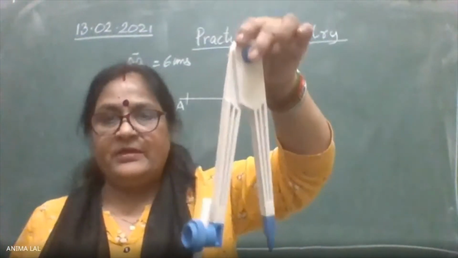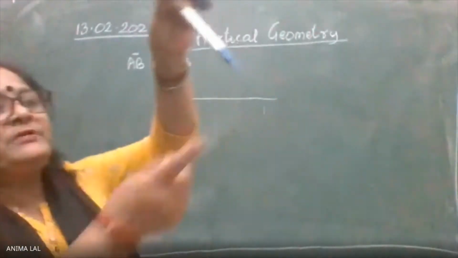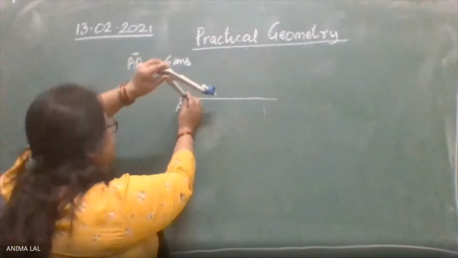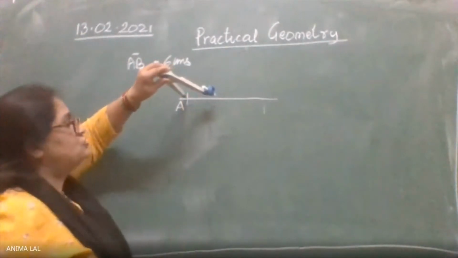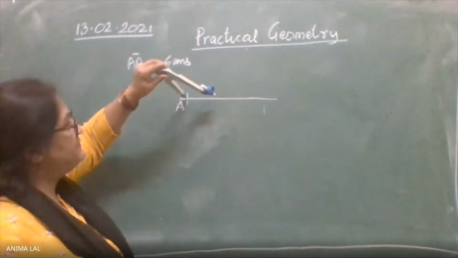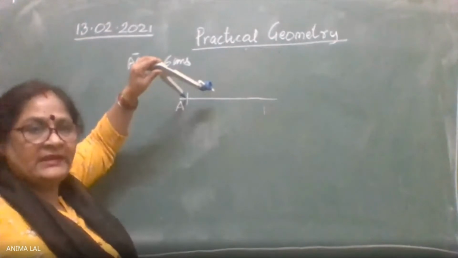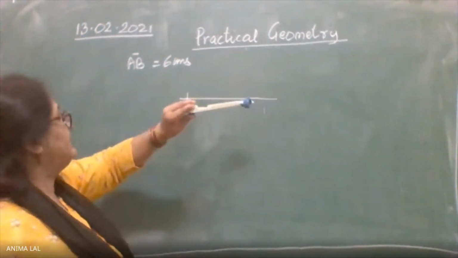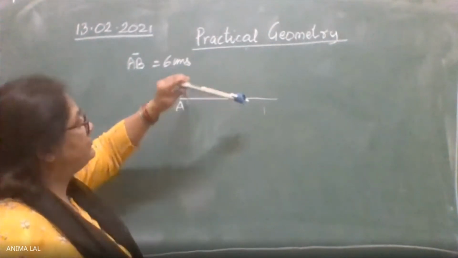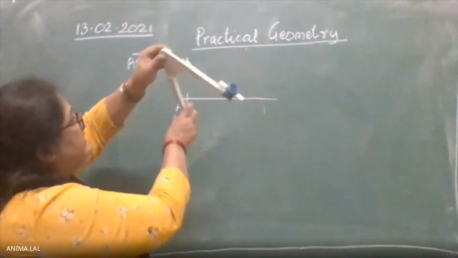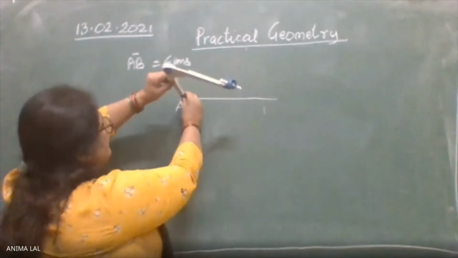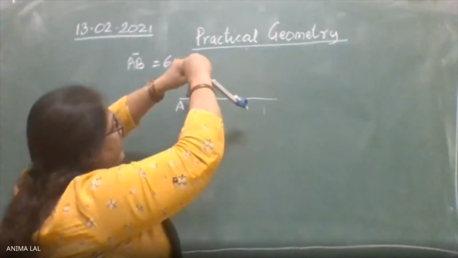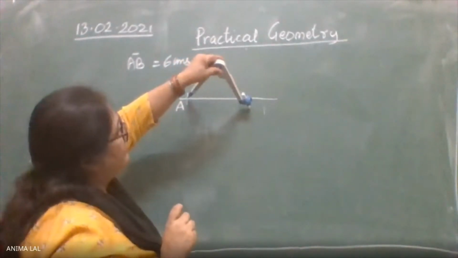Hold the handle. Now put the compass point exactly at point A, where the two lines meet. Then, keeping it fixed at point A, you will draw an arc on the other side, crossing the line.